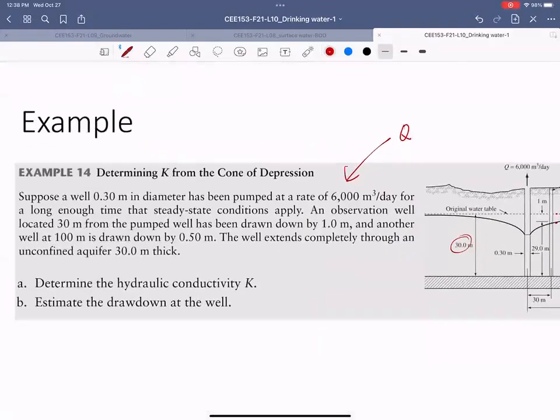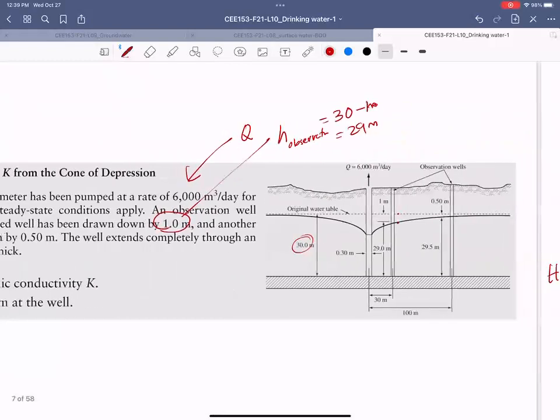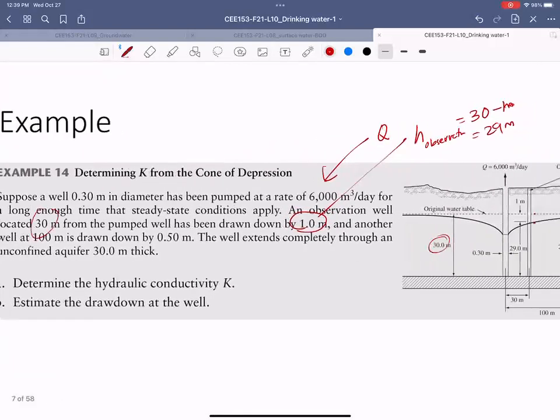So at the observation well, the drawdown is 1. That means the head at the observation well is 30 meters minus 1 meter, which is equal to 29 meters. So the head is given. Another well at 100 meter distance has a drawdown of 0.5 meters. So this is R1, the radius from the pumping well.